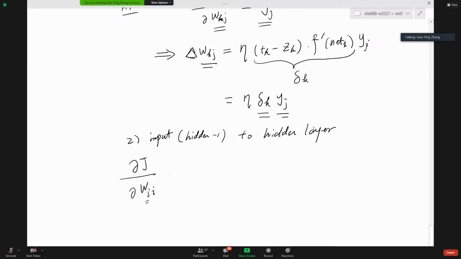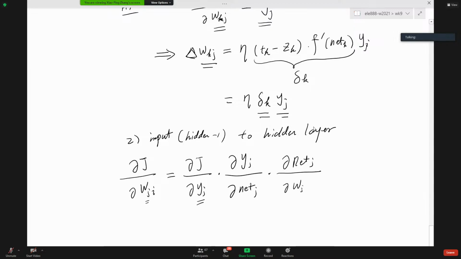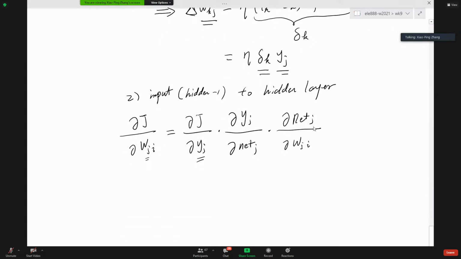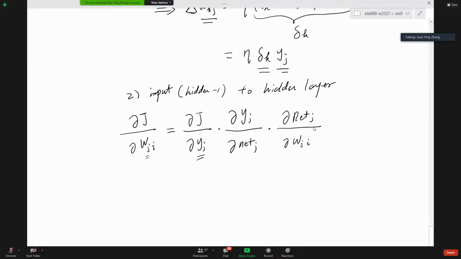So again, let's do the chain rule. Partial J, partial yj, because that's the output of this guy, and then partial yj, partial netj, times partial netj, partial wji. We need to compute this guy.